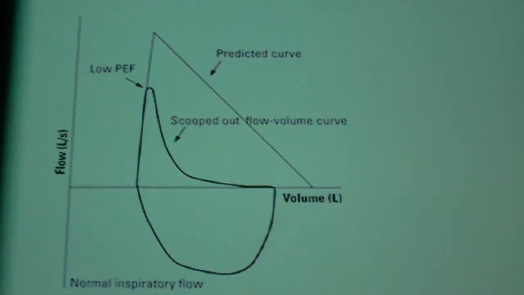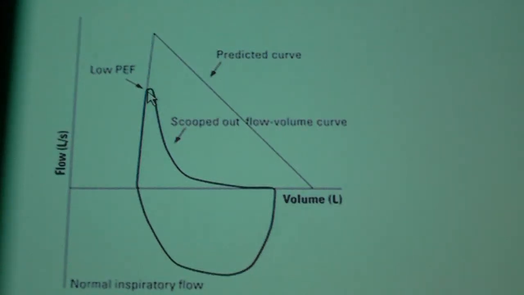And on the x-axis you have volume, in liters, and on the y-axis you have the flow, the amount of liters per second that is expired. What you can appreciate compared to the predictive curve is that there's a clearly lower peak flow, so it also demonstrates the airflow limitation.